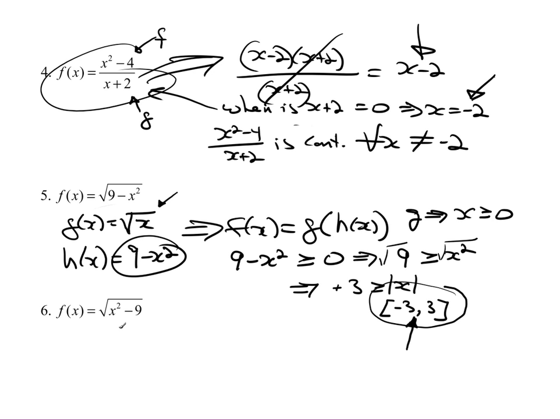This next example is very similar to that. Again, I can say g of x equals the square root of x. Only this time my h of x, rather than 9 minus x squared, is going to be x squared minus 9. Well, this has to be greater than or equal to 0. So what I need is x squared minus 9 must be greater than or equal to 0 for this to be defined.